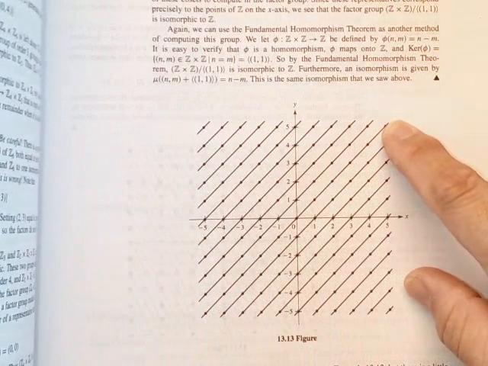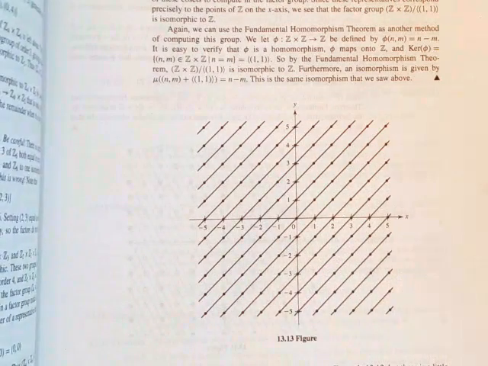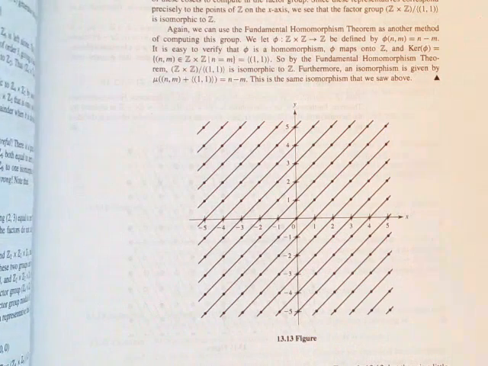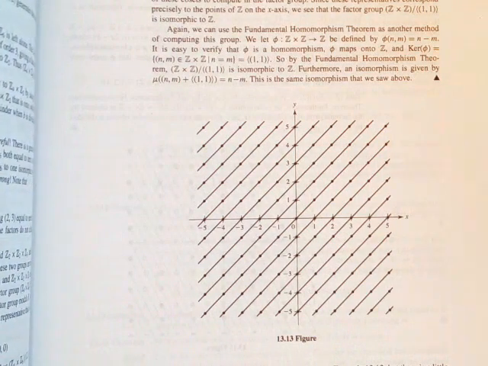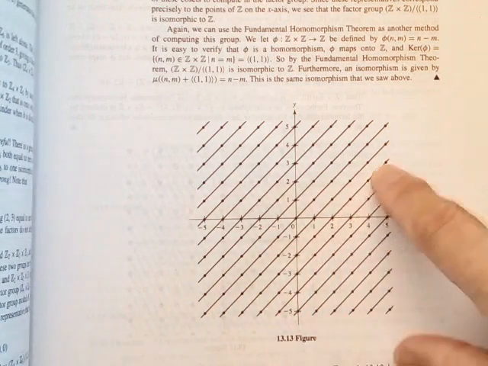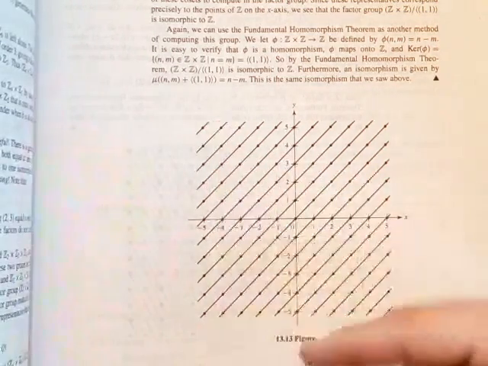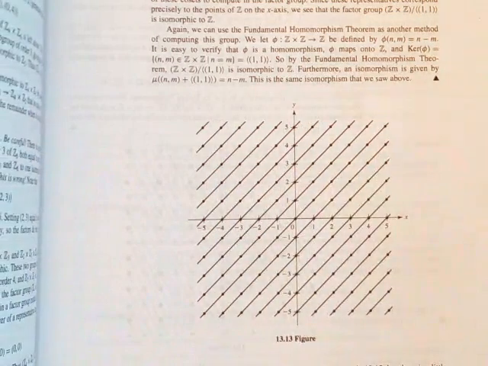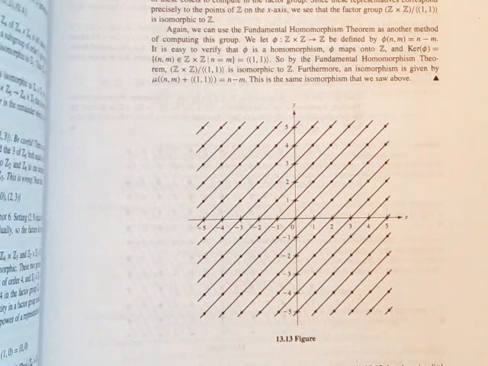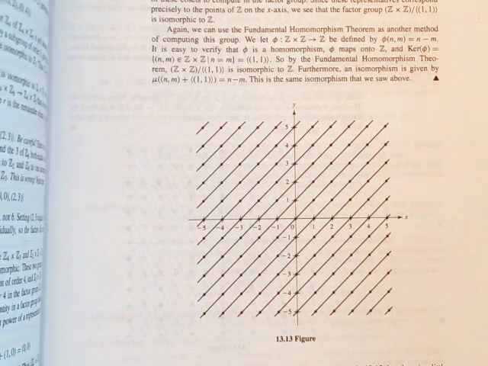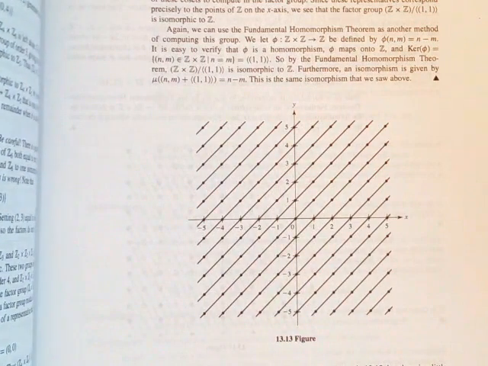But every coset means pick some ordered pair without the same numbers in it, and then add. And what you've basically done is change the y-intercept of your line, haven't you? Why do they go into the negatives again? Because every subgroup contains both the elements and their inverses.